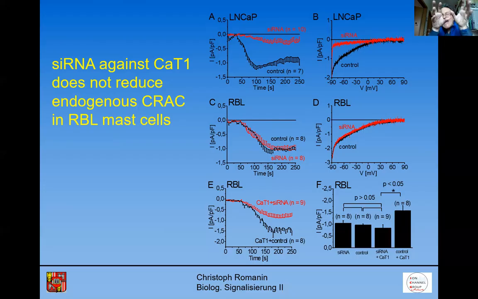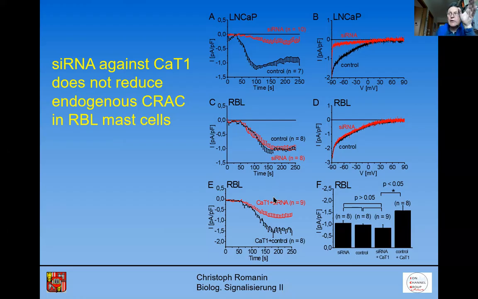Meaning it can't be that CAT1 or TRPV6 contributes, even as 1 or 2 monomers in a tetrameric assembly, because when we knock out CAT1, there should be a clear decrease in the CRAC current, but that is not seen here. So from these experiments, one can very clearly conclude CAT1 is not part of the endogenous CRAC channel in RBL cells.